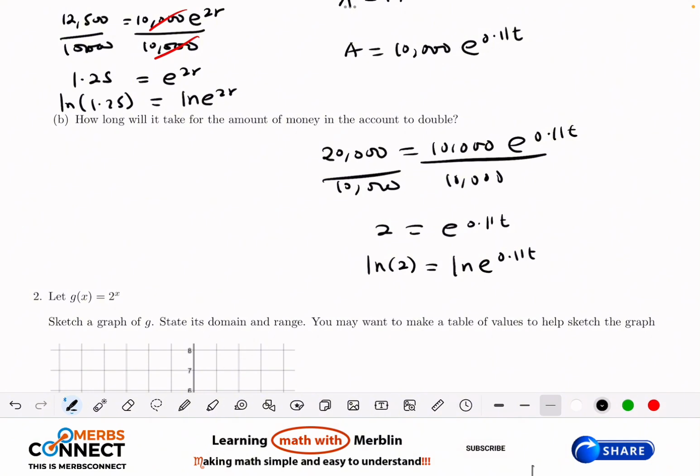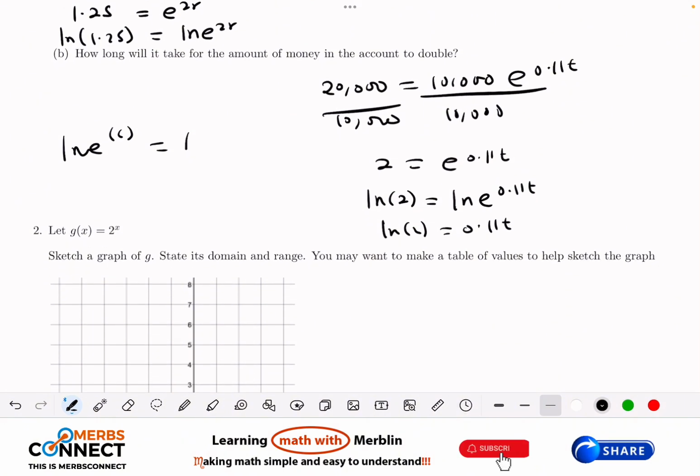to the power 0.11t. Then ln 2 will be equal to, as I said, we know that ln of e to the power 1 is equal to 1. So this will be equal to 0.11t. Then if I want to find t, I divide through by 0.11, and then t will be equal to ln of 2 divided by 0.11.